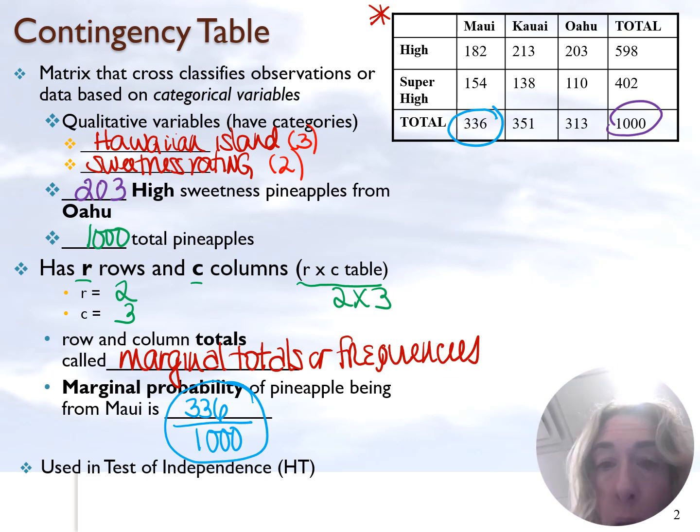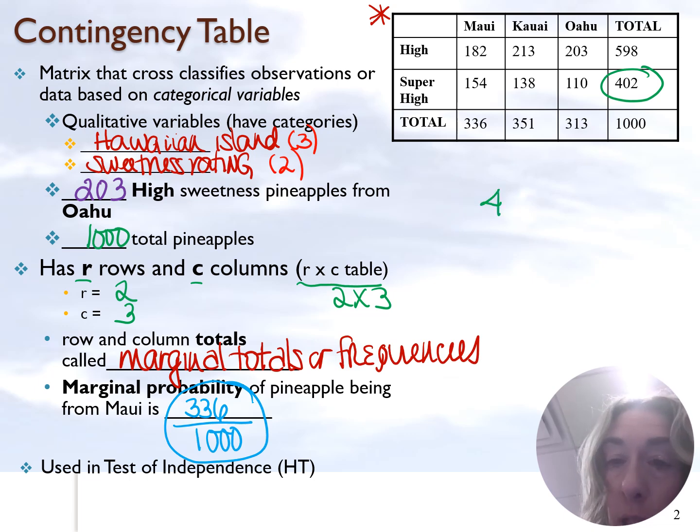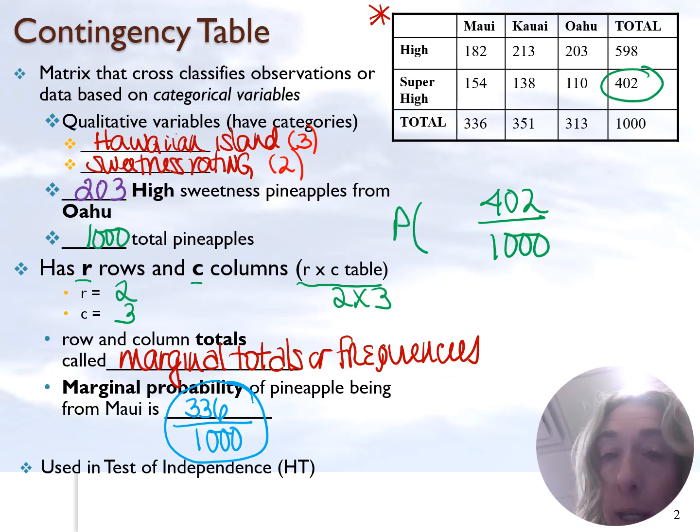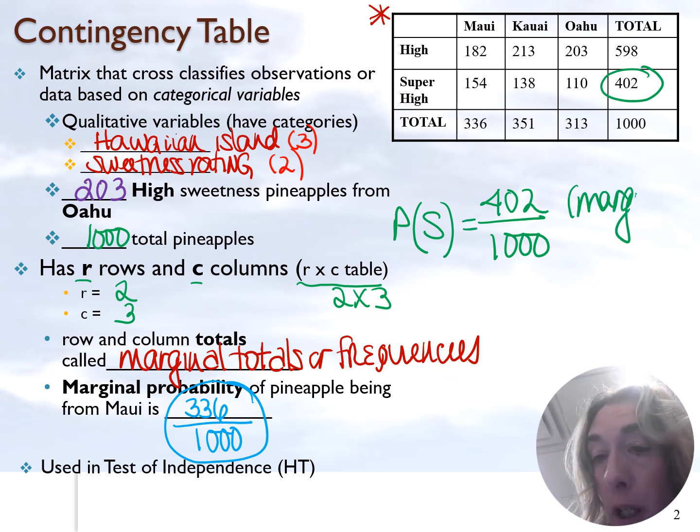Likewise, the marginal probability of having a super high sweetness level would be 402 over 1,000. We could label that as the probability of S, for being a super high pineapple, is 402 out of 1,000. Again, this is the marginal probability for the super high sweetness level.